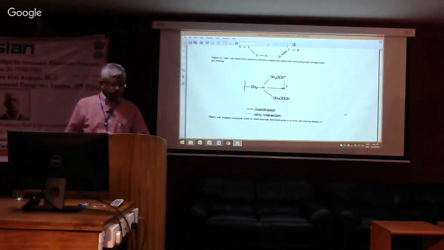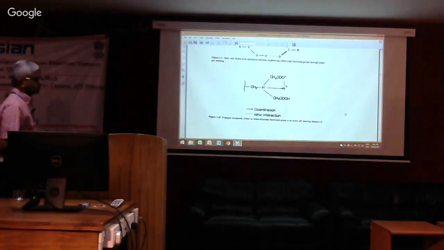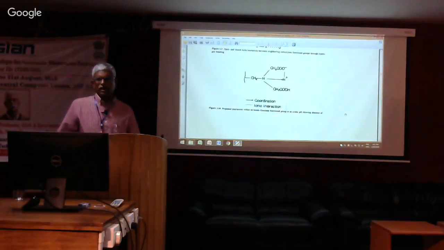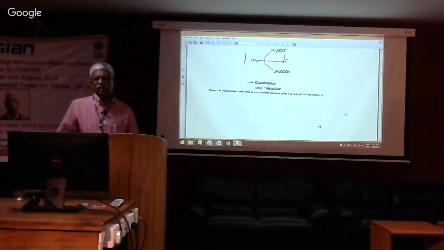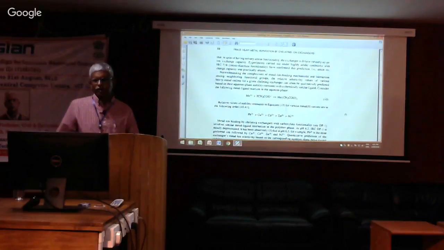And so we have discussed this before, but it's not a bad idea to repeat that. The selectivity comes from the fact that it is a combination of Coulombic and coordination. And the delta G would be the delta G of the Coulombic plus the delta G of the coordinate. And so the K would be the product of it.